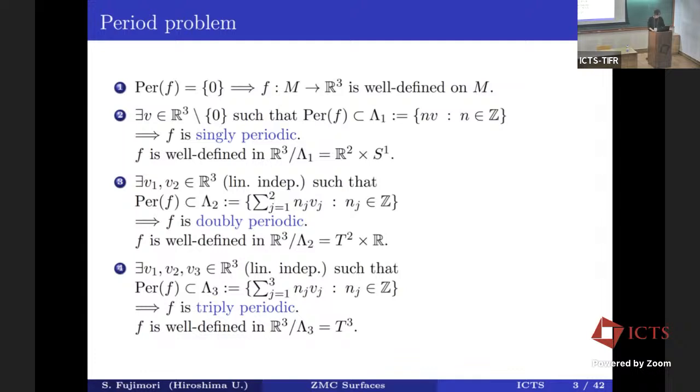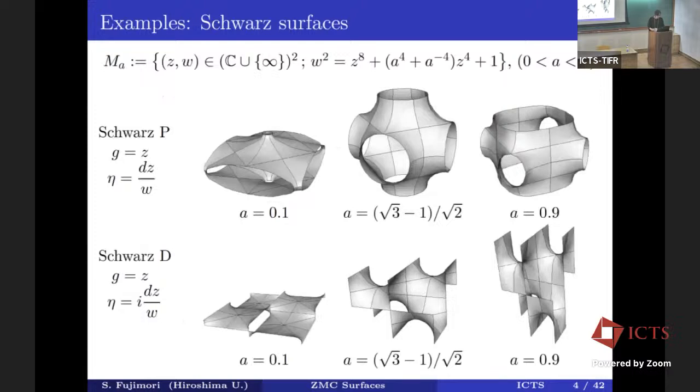So now, let me show some examples. Define M as a hyperelliptic Riemann surface, a compact Riemann surface of genus 3, defined by this hyperelliptic curve with a real parameter A between 0 and 1. Then we set G equal to z, and eta is dz over w.